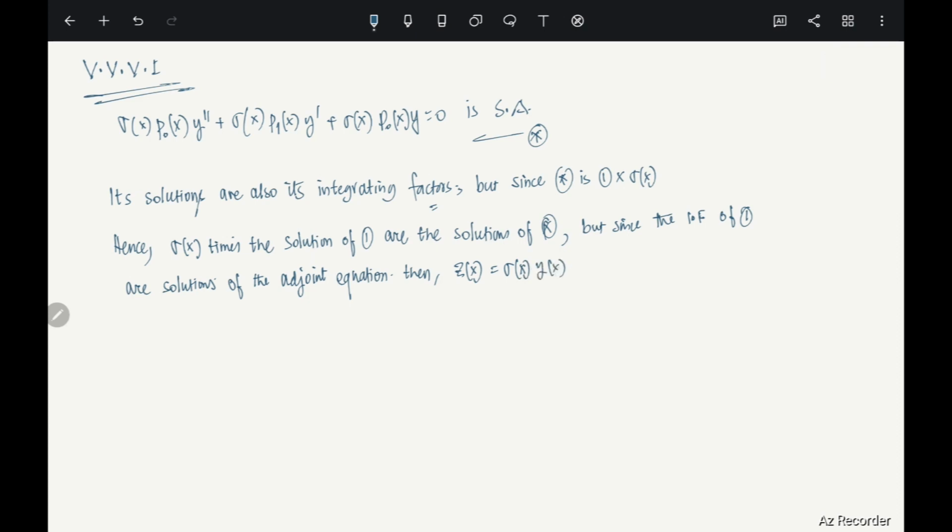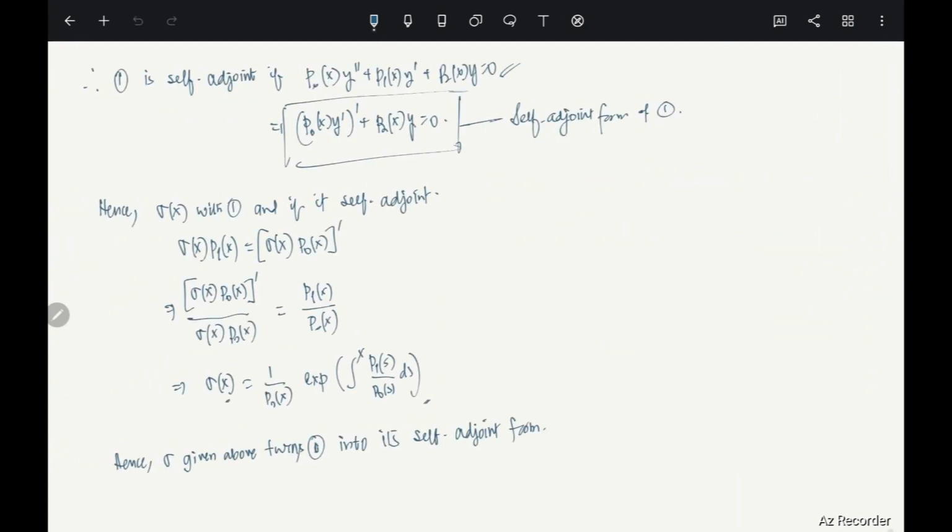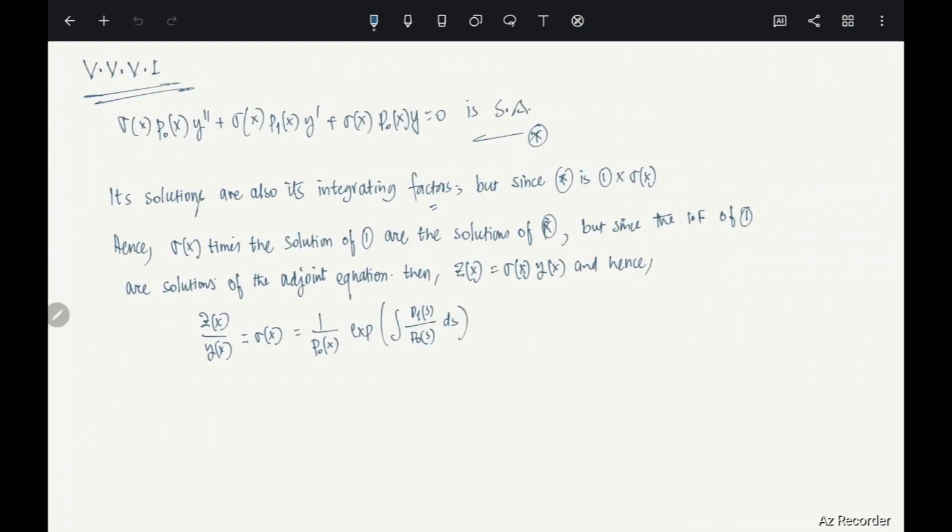Fine, and hence z of x by y of x is nothing but sigma x, which is again given by 1 by p naught of x times the exponential of the integral of p1 of s by p naught of s ds. Is this okay? Sigma x is given by this, right? So I'm just writing it this way.